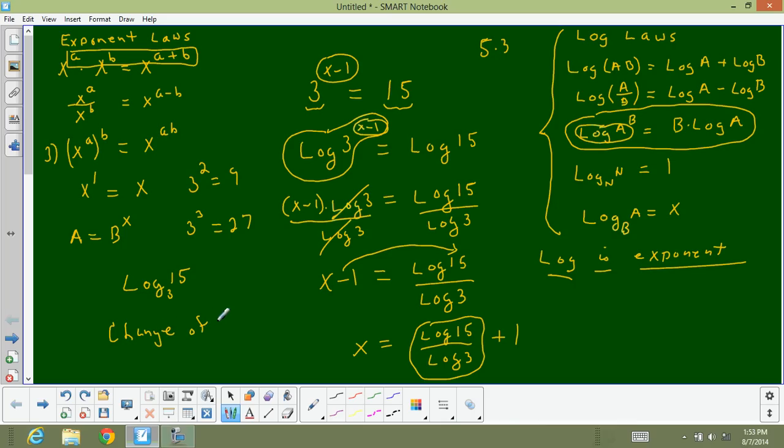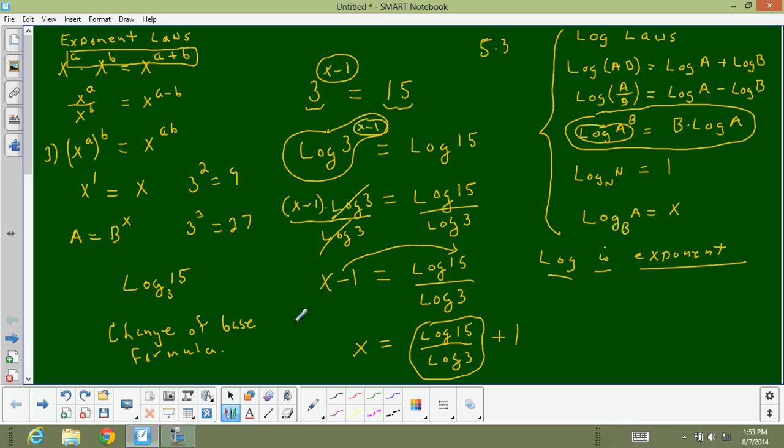Change of base formula. Now, that's sort of just an overview. There's a lot more you can talk about with regard to this topic, but hopefully this will get you through the unit 6 and you'll be comfortable with these logarithmic ideas.